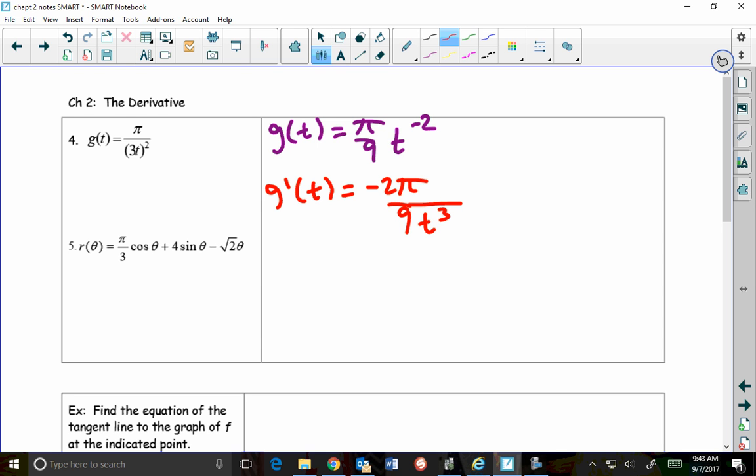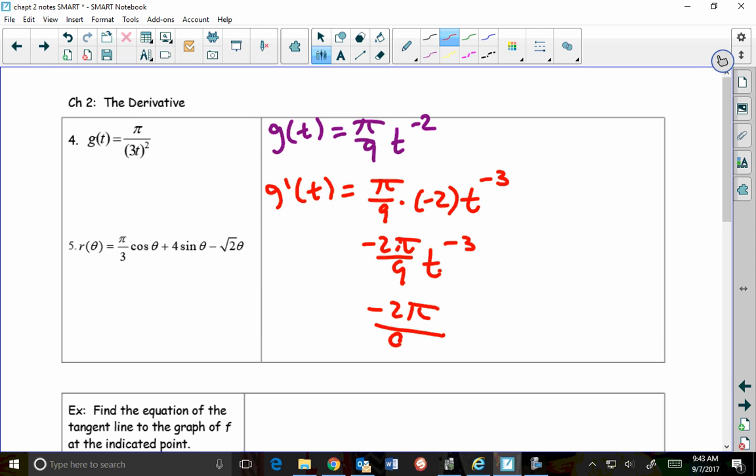So I would guess your step would show pi over 9 times -2t to the -3. So then this would be -2 pi over 9 t to the -3. So then this would be -2 pi over 9 t to the 3rd. Okay?